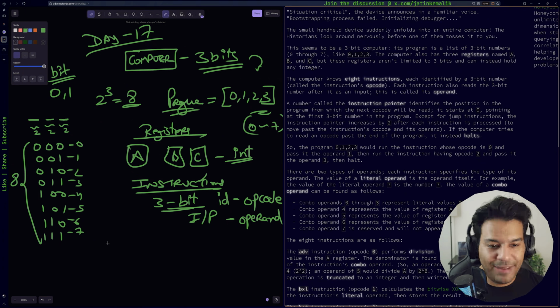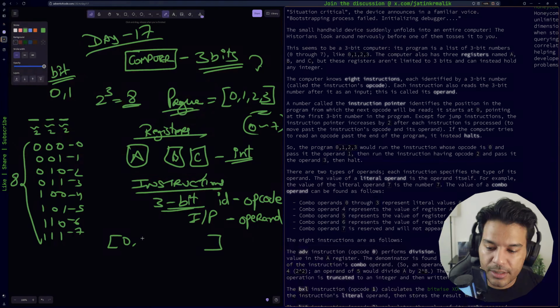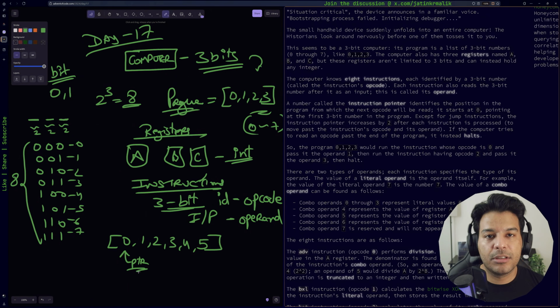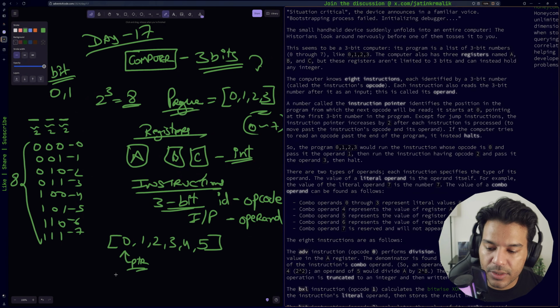I see. So in very simple terms, what it is saying is that the program we are given, let's say it's very simple, 0, 1, 2, 3, 4, 5, comes with a pointer, and a pointer is nothing but a reference that initially starts at the 0th position, the index of this array or list, which would be the same here because I'm using the same numbers.